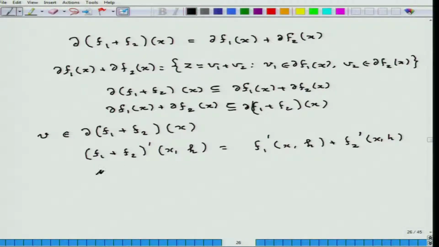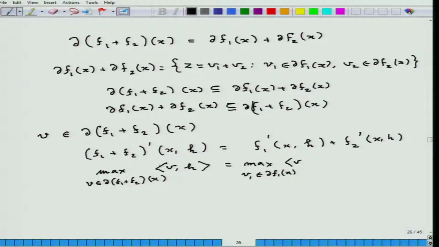It would mean that this is nothing but the max over all V element of del (f1 plus f2) x of V of h, which is equal to the max, max because it is a compact set, over V1 in del f1 x of V1 h, plus the max over V2 in del f2 x of V2 h. I am just writing down this relation which you already know, we studied in the last class.